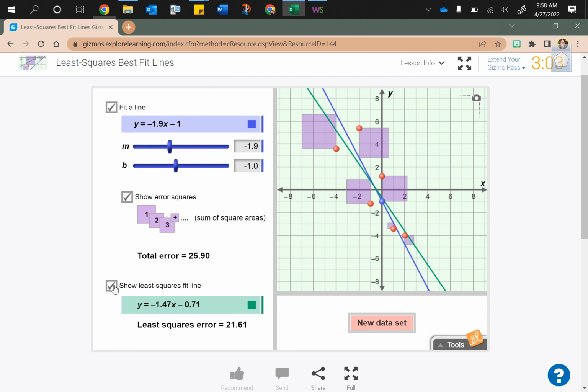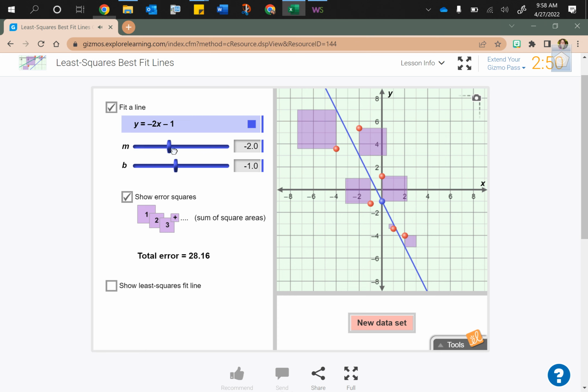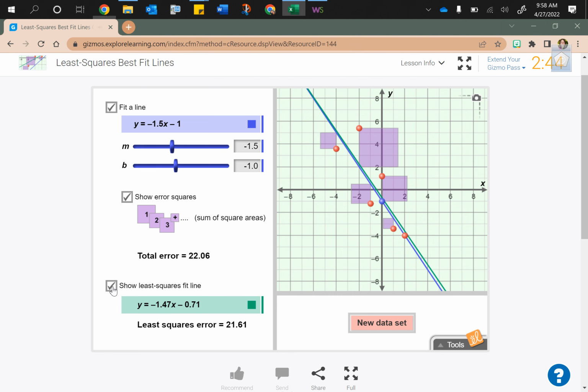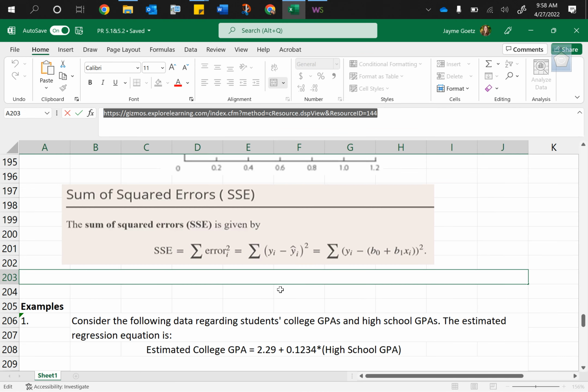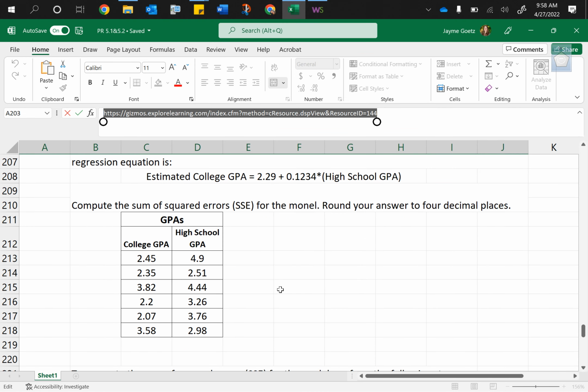So that's why we don't want to rely on our human brains and our human eyes to be like, oh, that's pretty close, because we can still get it closer. Okay? So by using this method, the sum of the squares to find the error, we can find as close as possible.